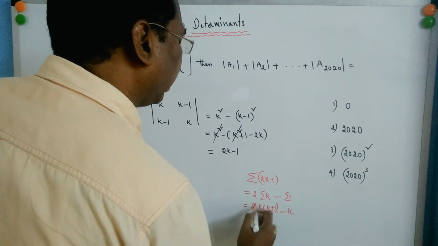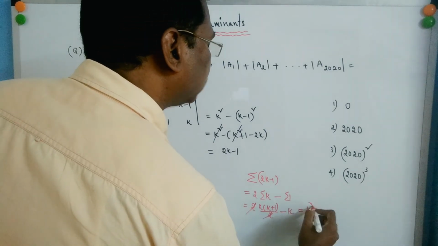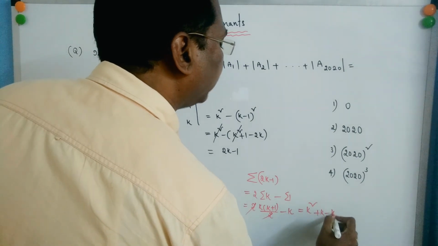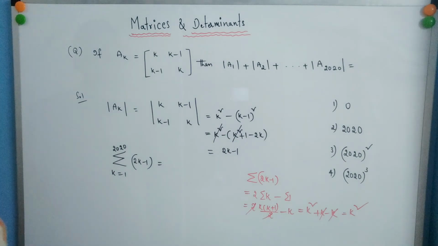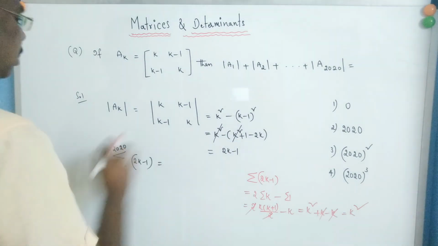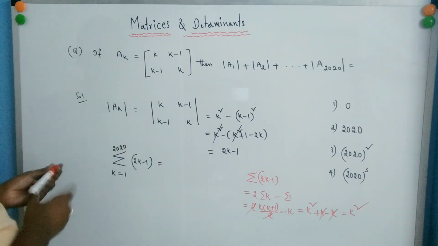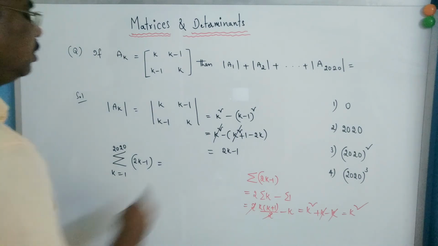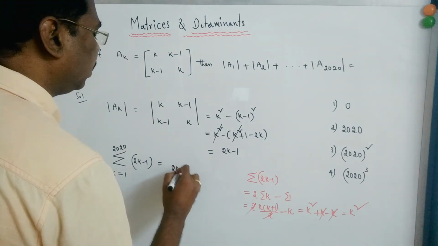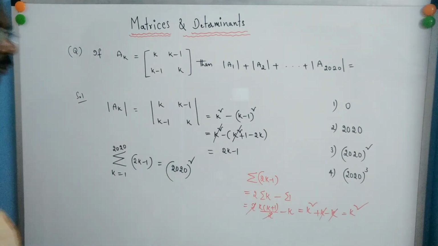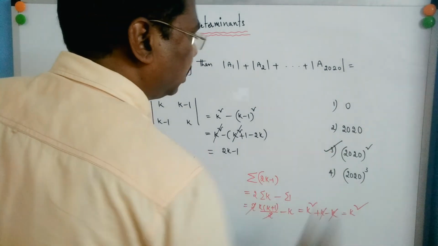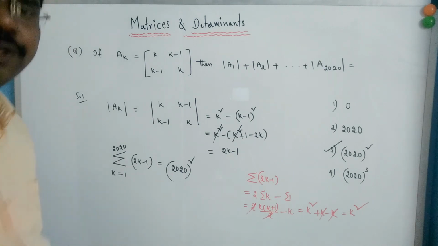Two cancels. Now n square plus n minus n cancel. That value is equal to n square. Okay, now here total value is equal to 2020 whole square. Therefore, option 3 is the correct one.